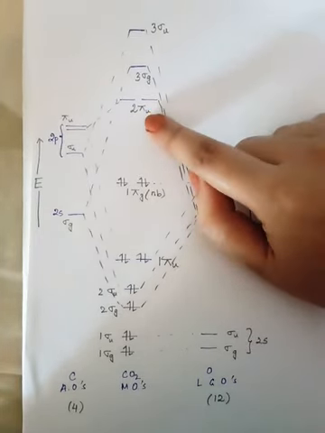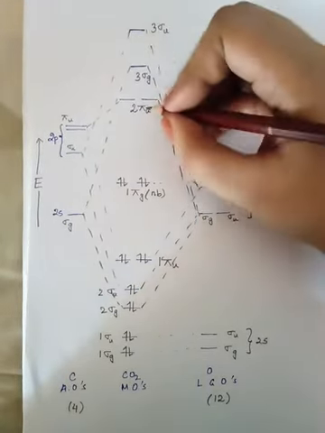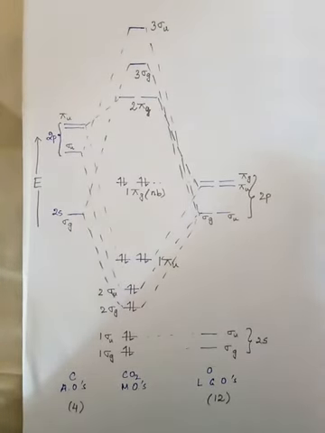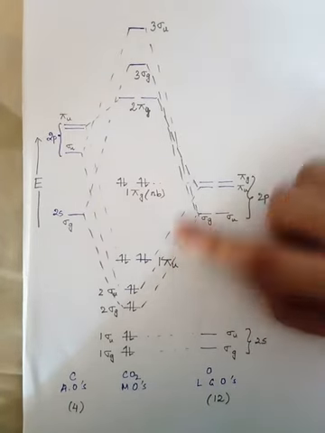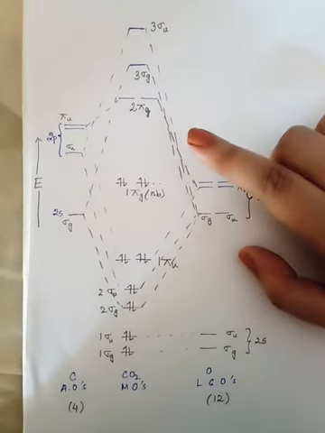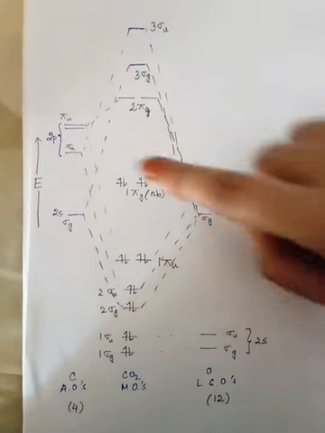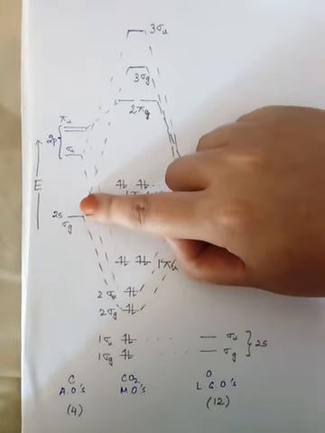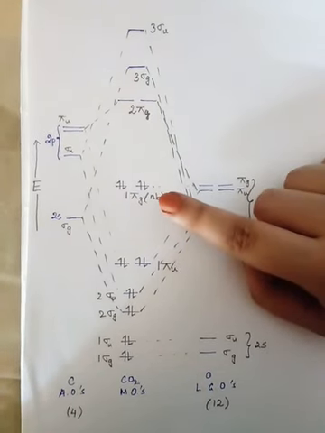Over here this should actually be g, because in case of pi overlap the bonding orbital is ungerade and the anti-bonding orbital is gerade. And this pi g, since there is no corresponding pi g among the carbon orbitals, remains as a non-bonding orbital.